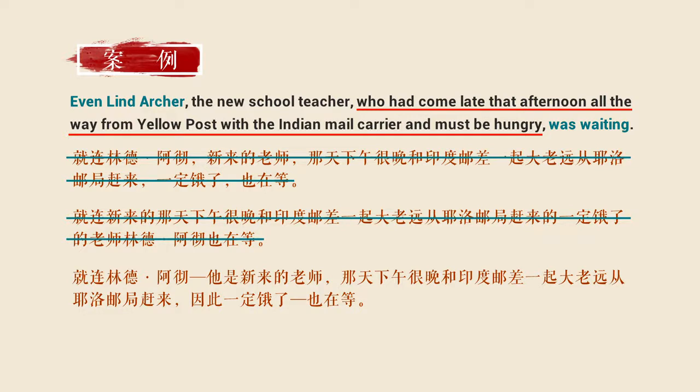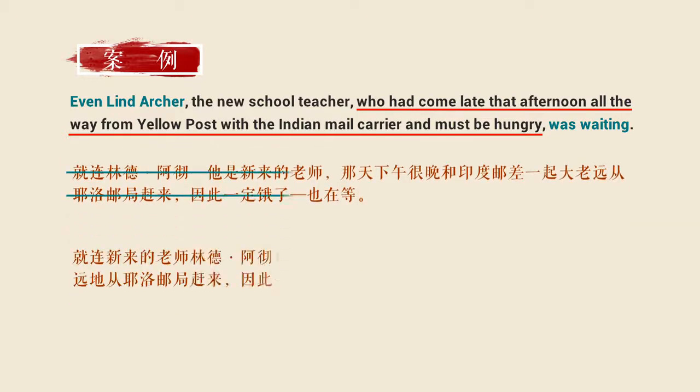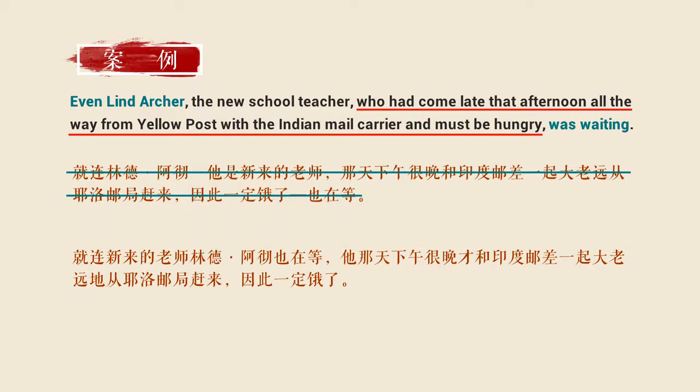We can also consider changing the word order and translate the sentence like this. 就连新来的老师林德阿彻也在等，他那天下午很晚才和印度邮差一起大老远的从耶洛邮局赶来，因此一定饿了。We translate the main clause first, and then the subordinate clauses. This sentence is correct in grammar, clear in meaning, and idiomatic in expression.